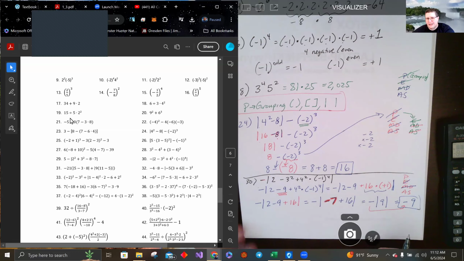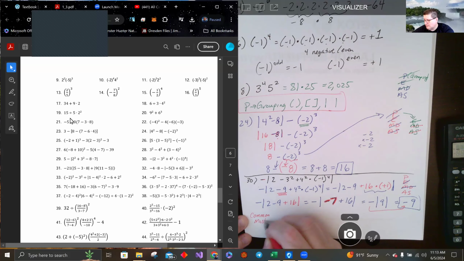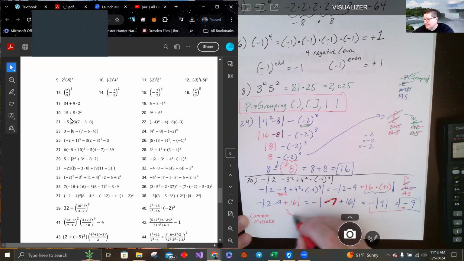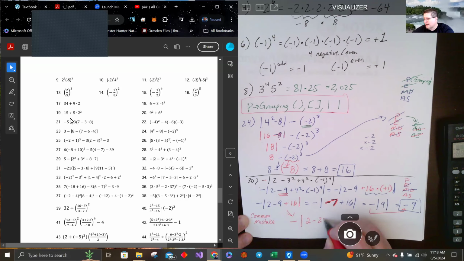Notice if you do addition here first, if you do it correctly, it's okay. But a common mistake here is doing this. 9 plus 16 is 25. 2 minus 25.